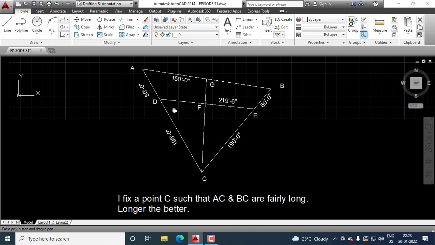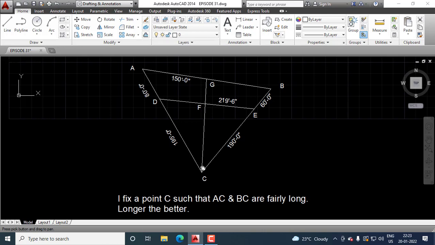So if we keep DA and EB as short as possible, the error will be as little as possible. The error here is acceptable compared to the error found in the previous episode 30.